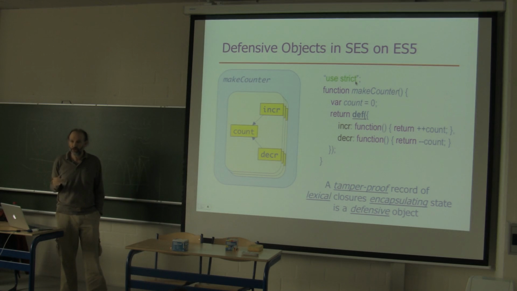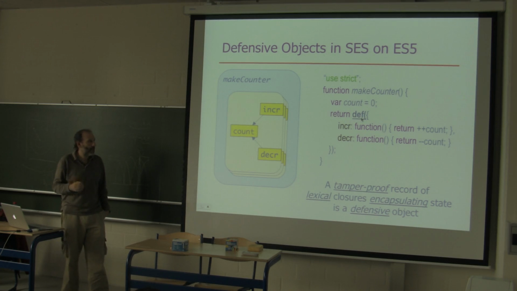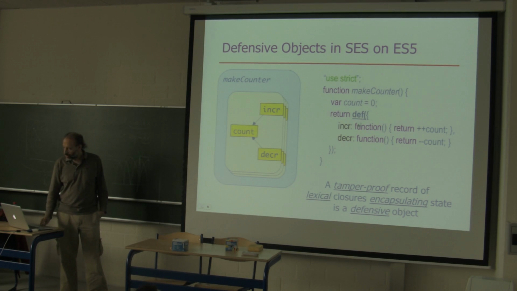You now have genuine lexical scoping. And you've also repaired all the additional encapsulation leaks besides the scoping leaks. So you've repaired all of that. And then this def here is an SES abstraction over the primitive called object.freeze in EcmaScript 5 that allows you to make this record tamper-proof. So the clients of the record can read and invoke its methods, but they can't change what the methods of the object are.